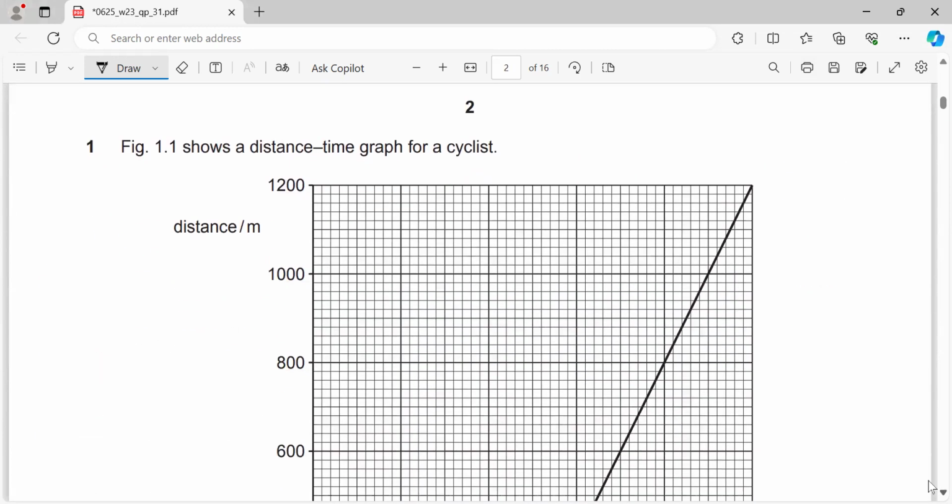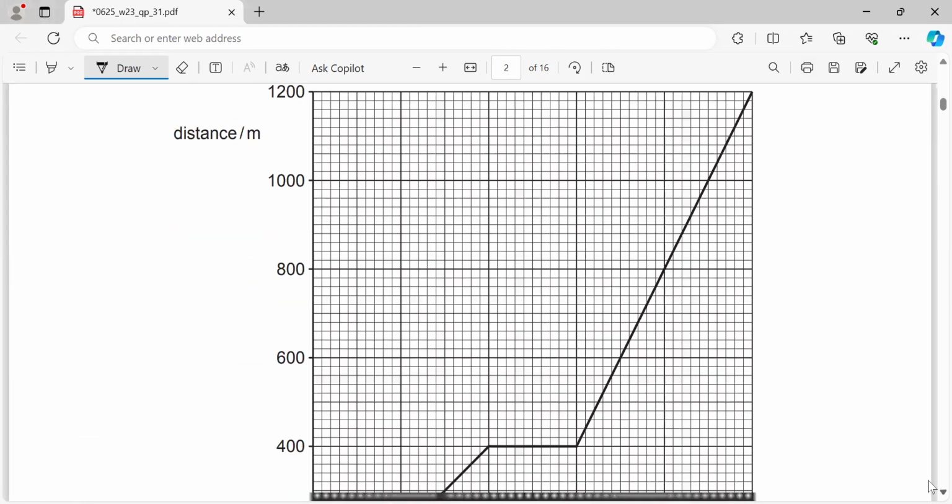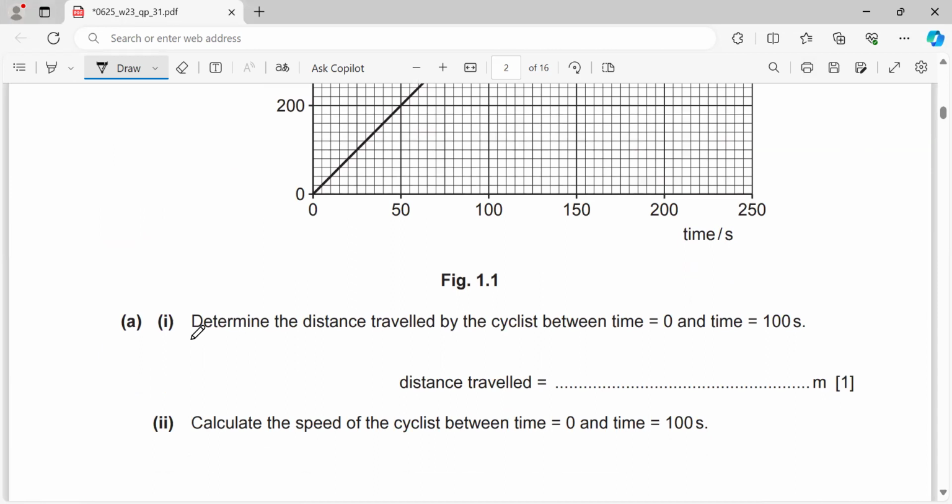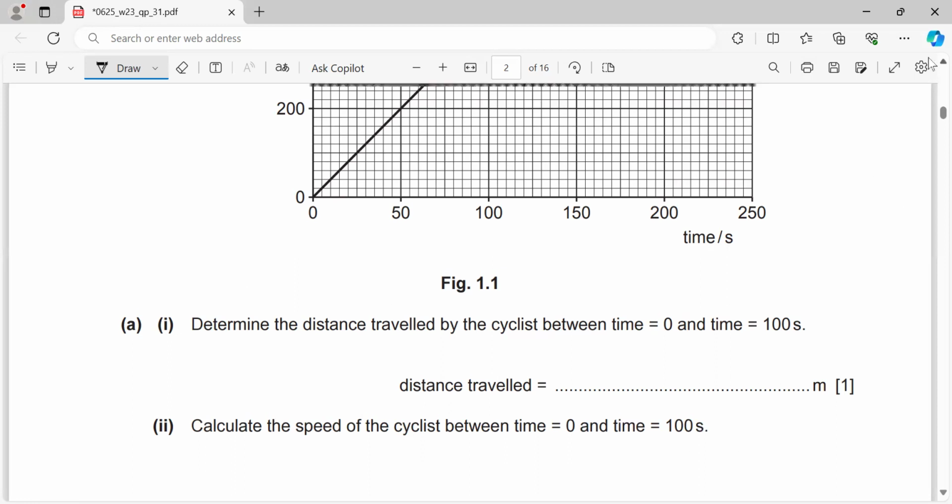Number 1, figure 1.1 shows a distance-time graph for a cyclist. This is the graph. Question A: determine the distance traveled by the cyclist between time 0 and time 100 seconds.